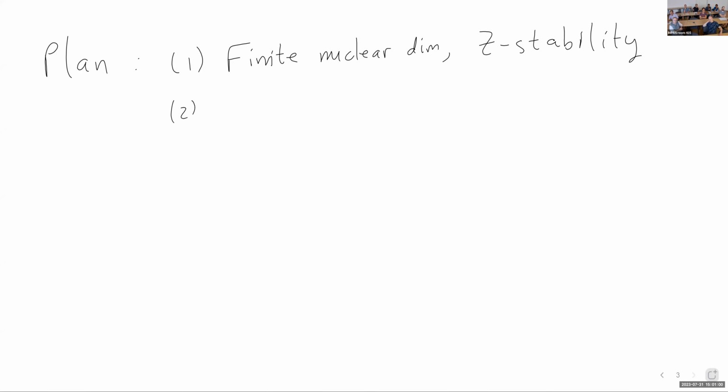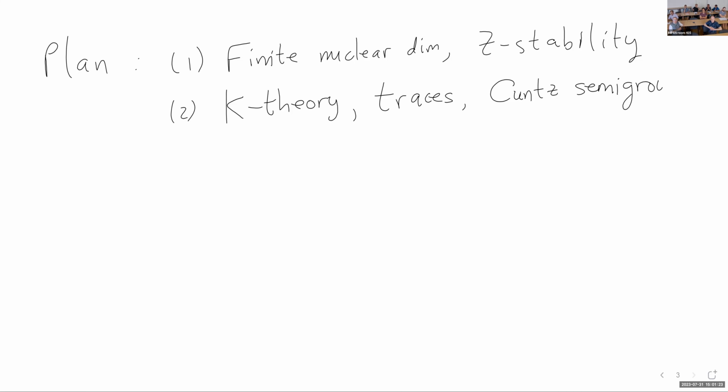Then probably next time I will introduce K-theory, and I'll talk about the structure of what I've been calling trace space. And I'll talk a little bit about the Cuntz semigroup, probably on Friday. Very briefly, I'll mention a lightning quick sketch of the classification of AF algebras.